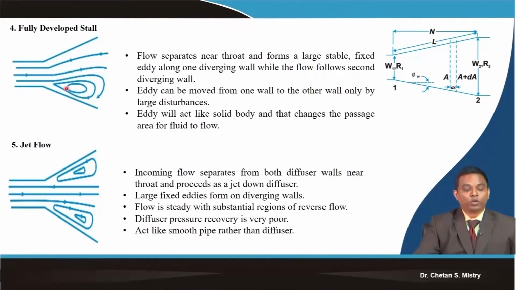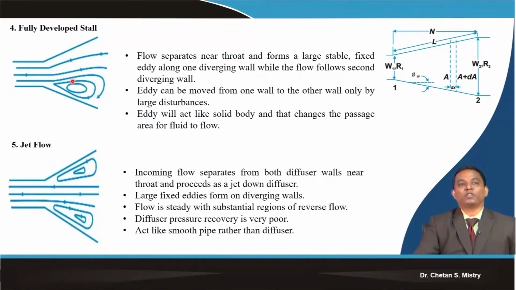So this region will act like a solid wall. What will happen? My flow will get deflected towards the other wall. And in this case, we will not get the pressure ratio or pressure rise we are expecting at the exit. So that is called fully developed stall. Okay.